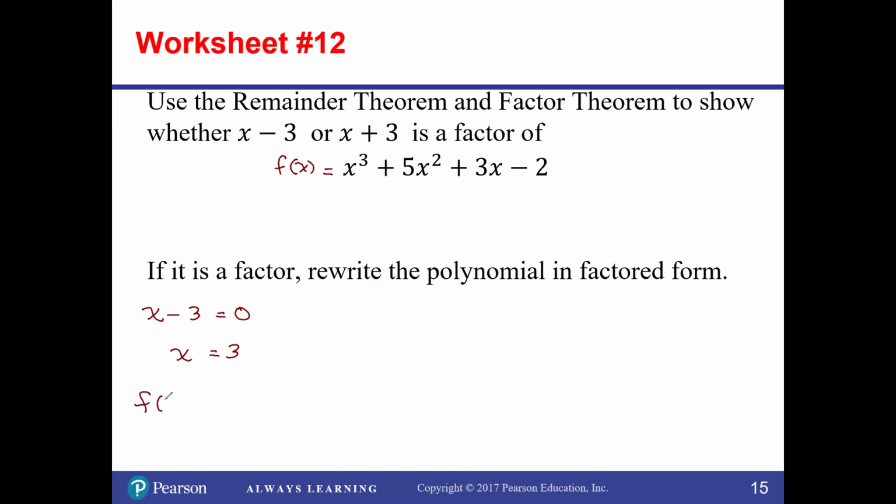We want to figure out what f of 3 is. If you do that, what you would find is that this one is going to be 79. So this is not a 0, meaning this is not a factor.